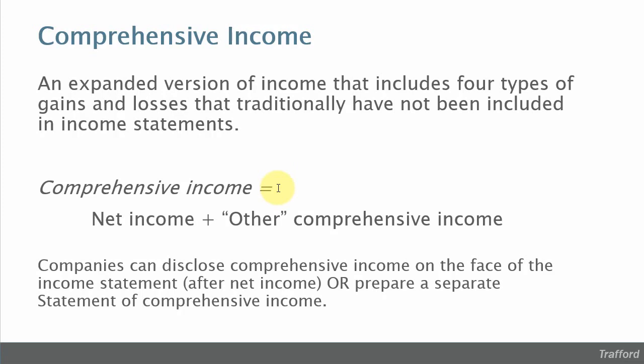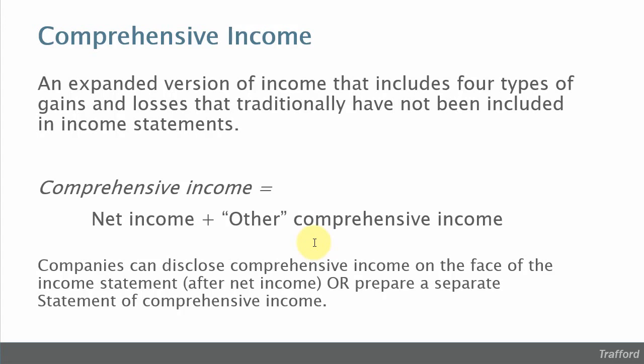Comprehensive income is the combination of net income from the income statement and basically four types of gains and losses that feel a little bit like economic gains and losses, but because of their unique nature, they're not included on the income statement.